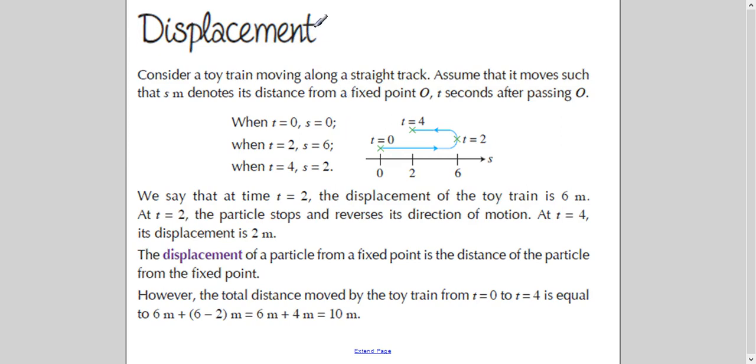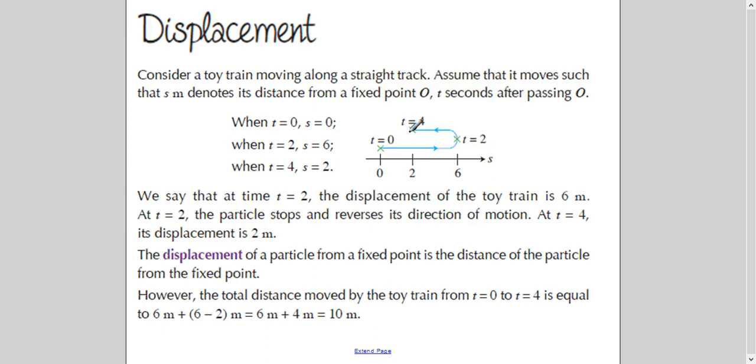Now we need to see what displacement is. No need to read this whole thing, I'm just explaining it here in short. If the particle moves from here till here and then goes backward, then from 0 seconds to 2 seconds, it has covered 6 meters.